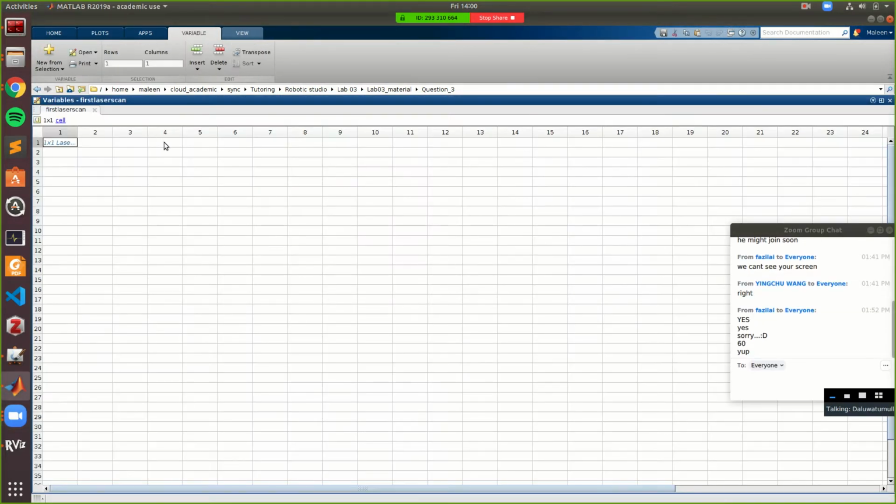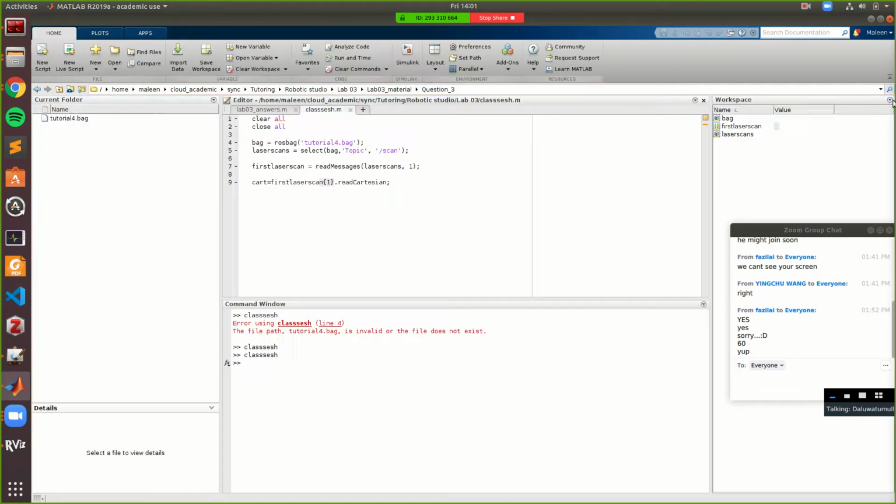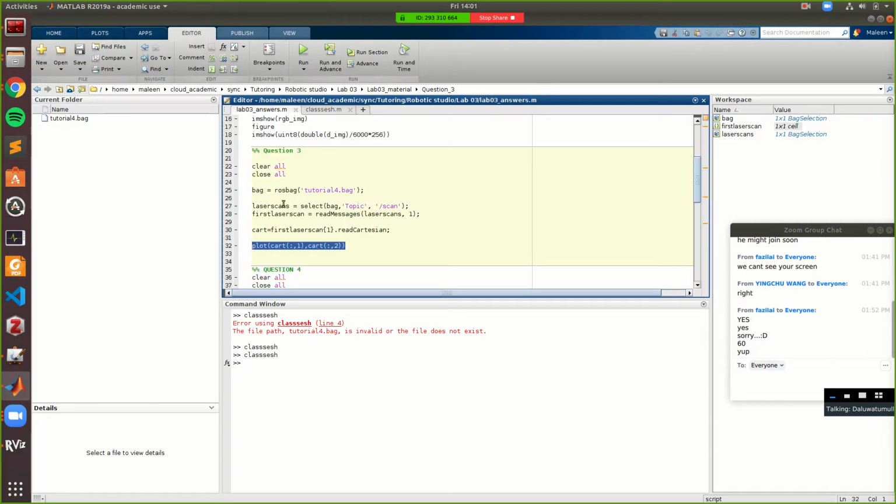Just like in the image before, it's inside a cell, right? And what you do is use this function called dot read Cartesian. So what it does is it converts that laser scan information, which are just ranges and bearings, that's r's and thetas, into Cartesian coordinates, right?